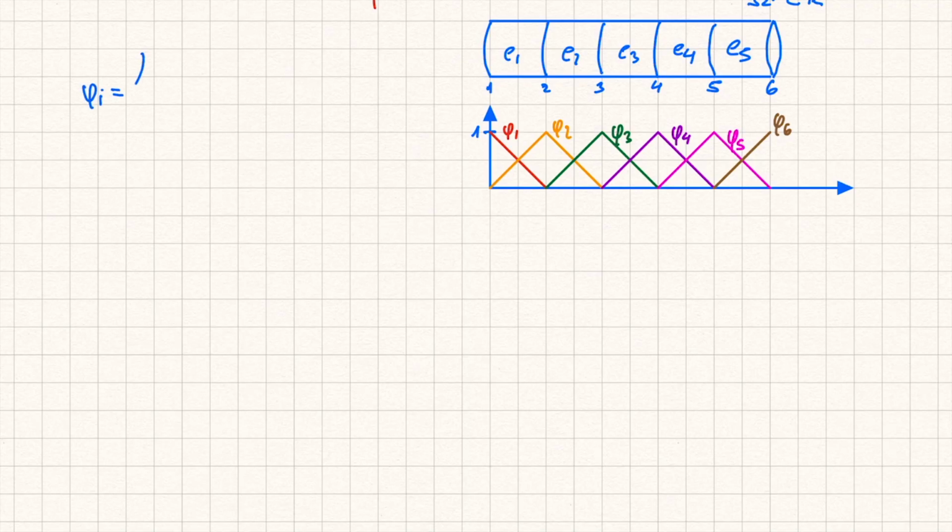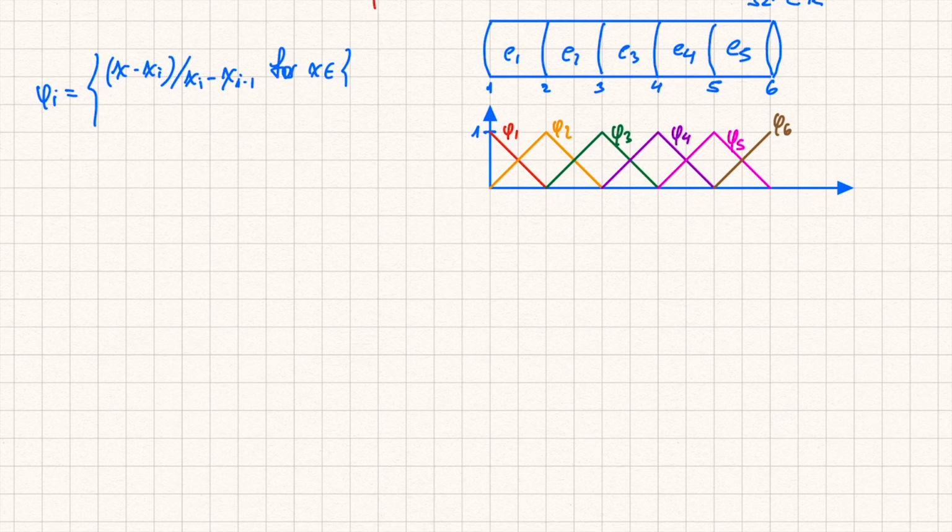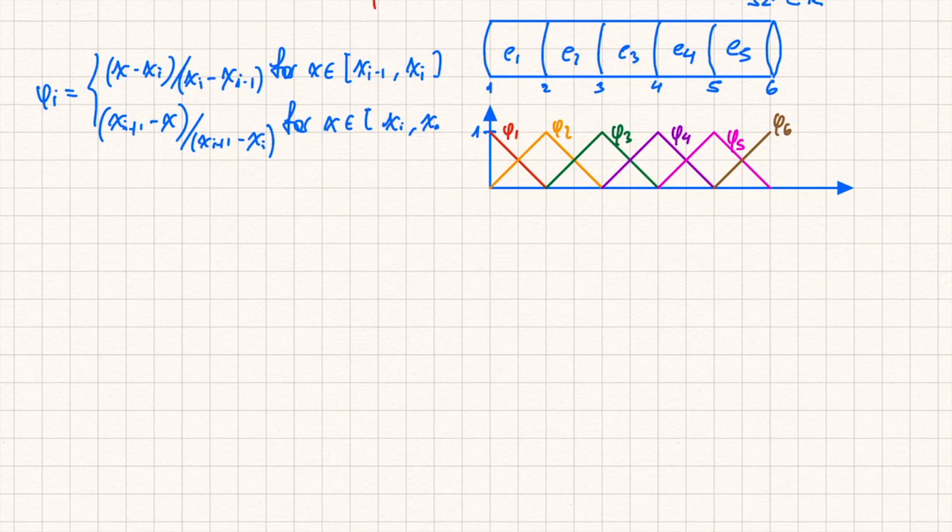So phi i is going to be basically x minus xi divided by xi minus xi minus 1, for x in the interval xi minus 1 and xi, and then xi plus 1 minus x divided by xi plus 1 minus xi, for the interval xi to xi plus 1.